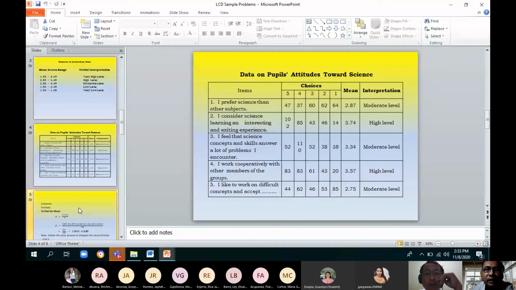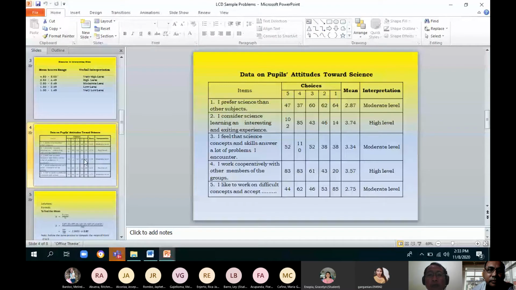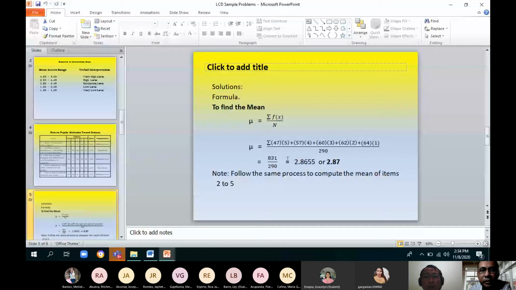This one is the weighted mean. Then divide by 290. You multiply first. So the weighted mean equals 2.87.